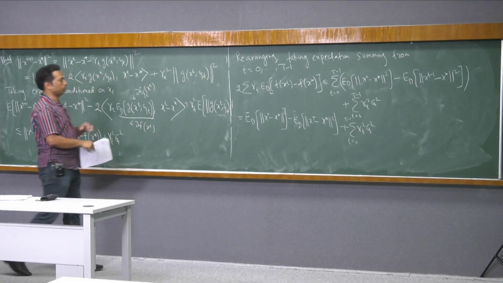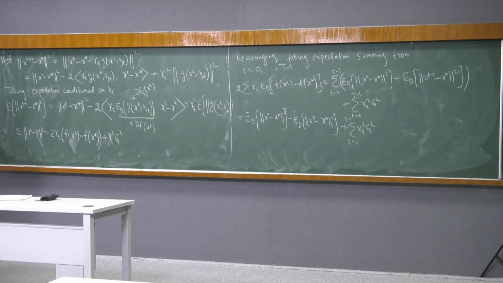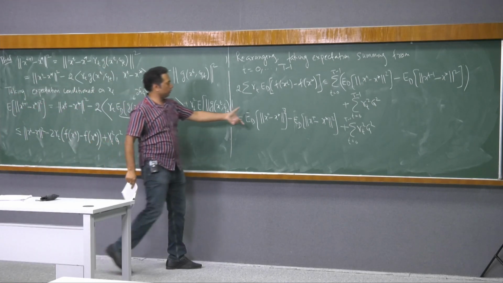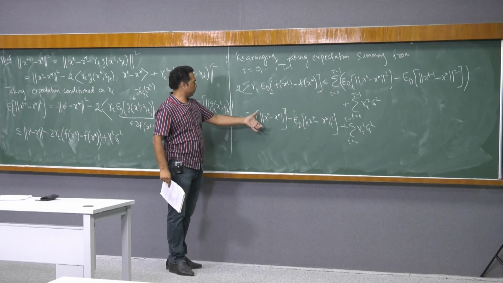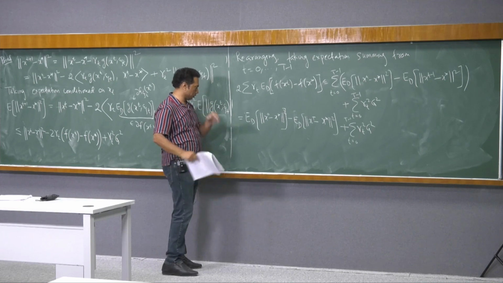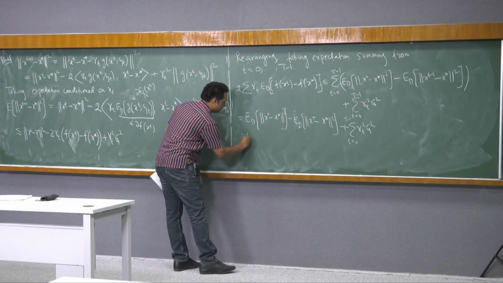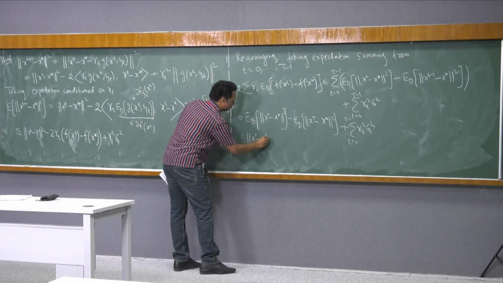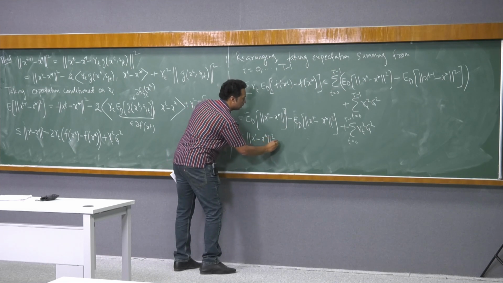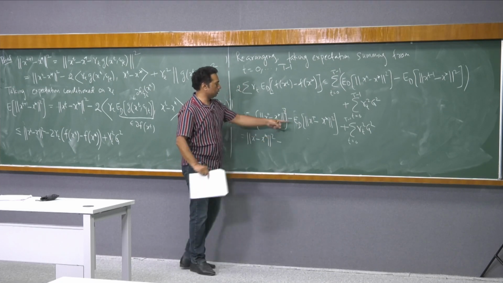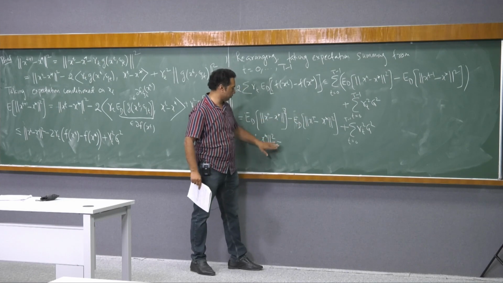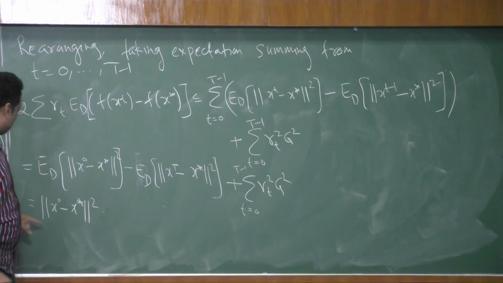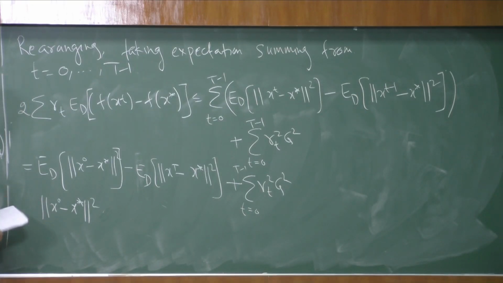Okay. So the expectation of this term is not required, because none of them are random variables. So this will be just x naught minus x star minus, now this is a minus term of something positive, so I can drop this and still remain greater than or equal to.